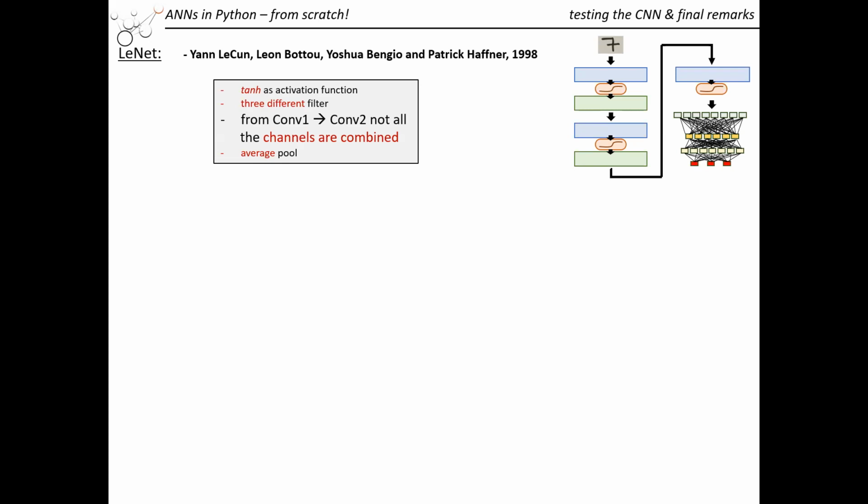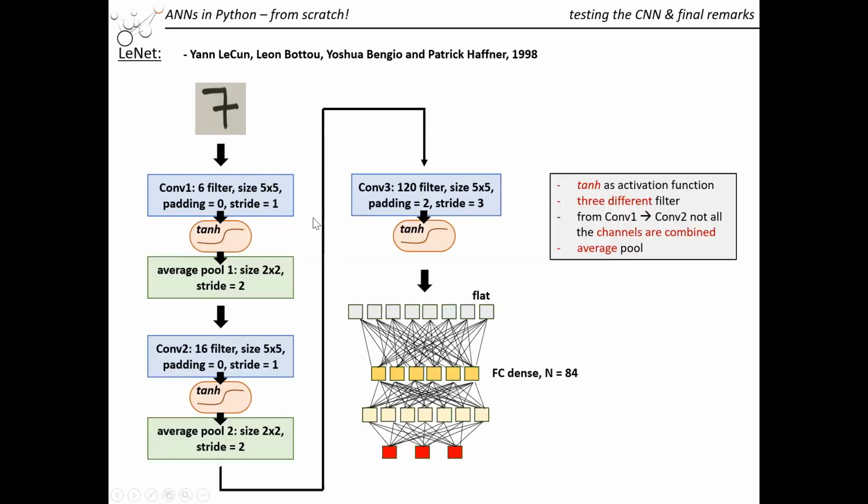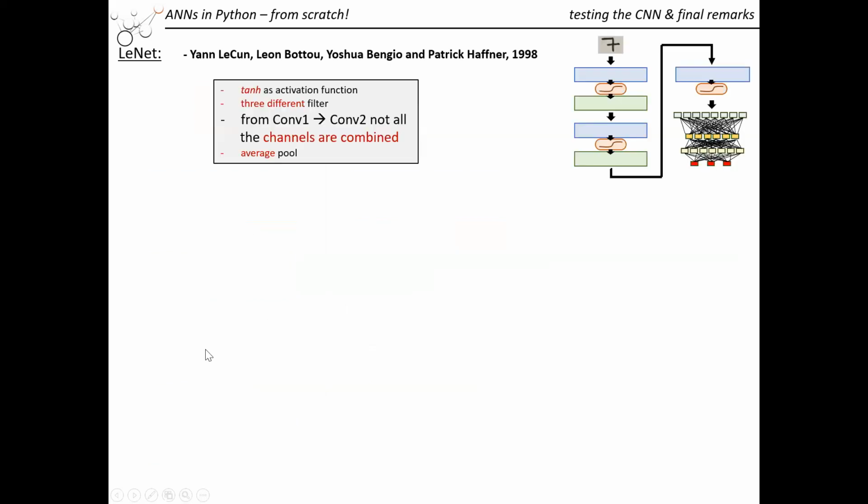So first of all, that's our structure, but how does it actually work with the fact that not all channels are combined? Well, it's pretty easy. If you look it up in the paper, you see when you go from convolution 1 to 2, so let's go back to the overall structure, you have 6 filters, and then you have 16 filters.